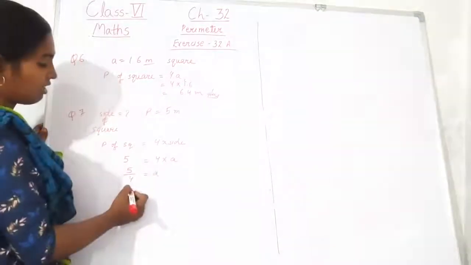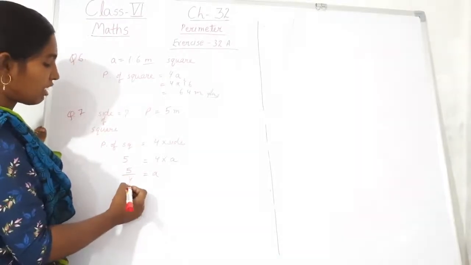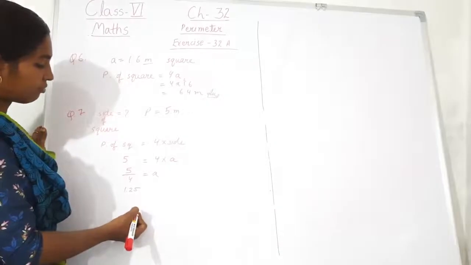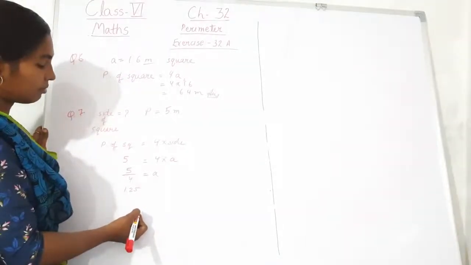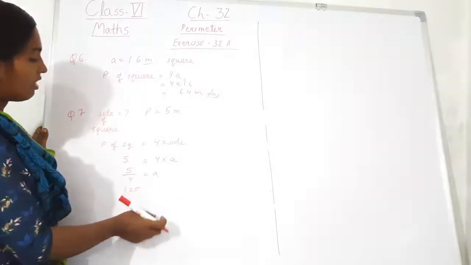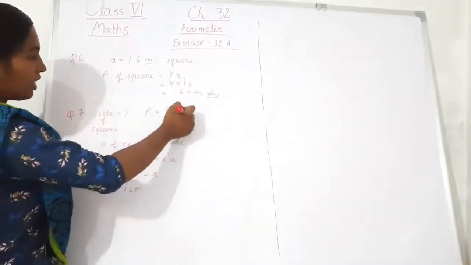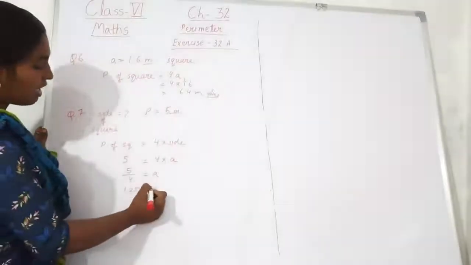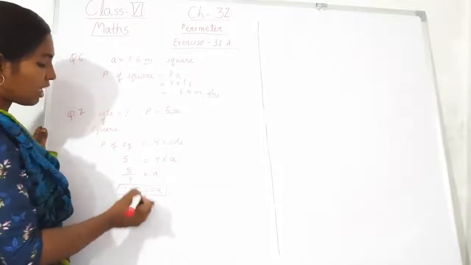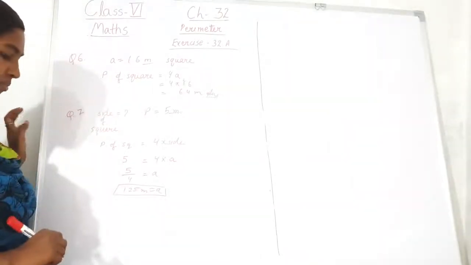Here you can see this 4 is in multiply, so we will bring this 4 down, so it will come and divide, and here it is A. Do the division, it will come 1.25, I think. Yes, 1.25 it will come. And perimeter has the unit meter, so side will also have the unit meter. So the side of the square is 1.25 meter.